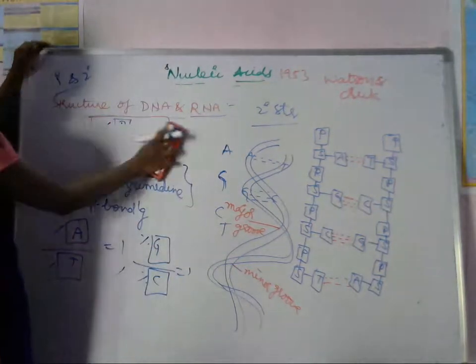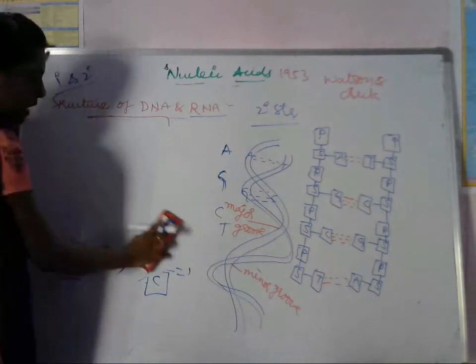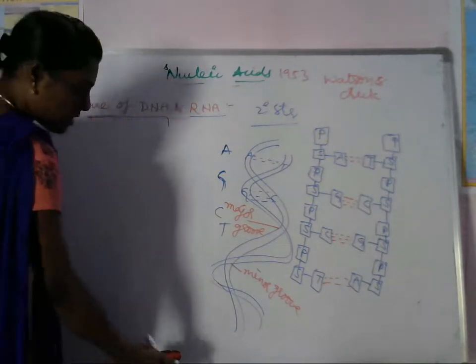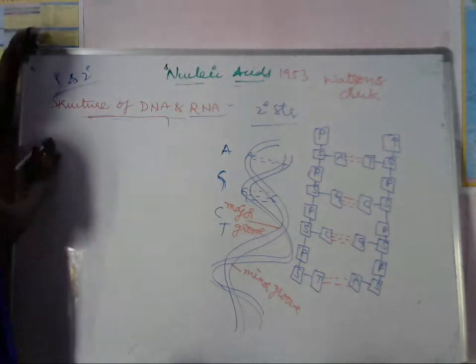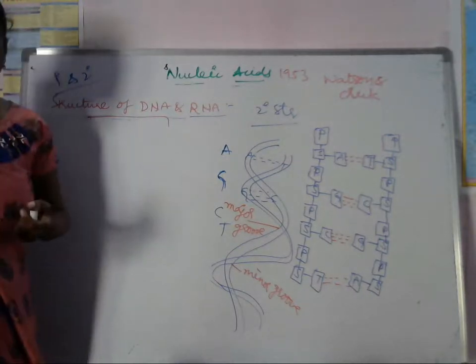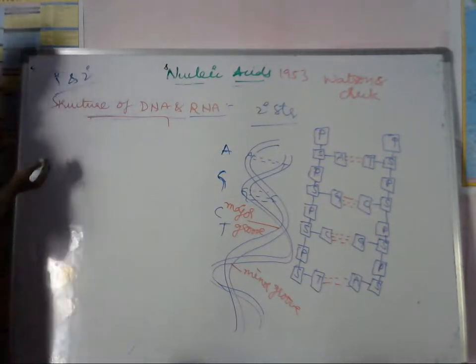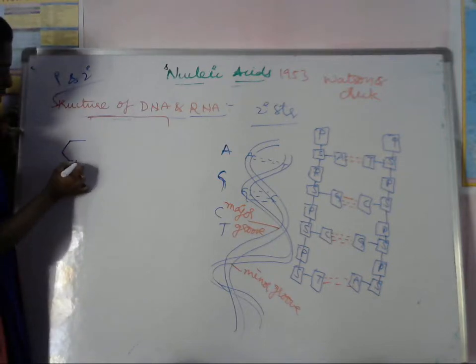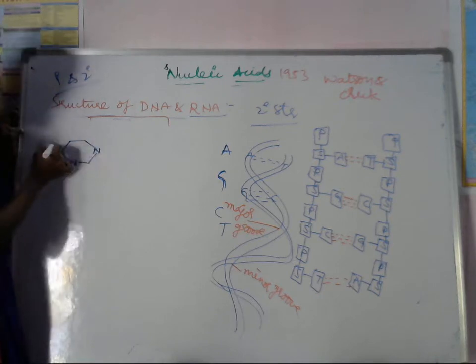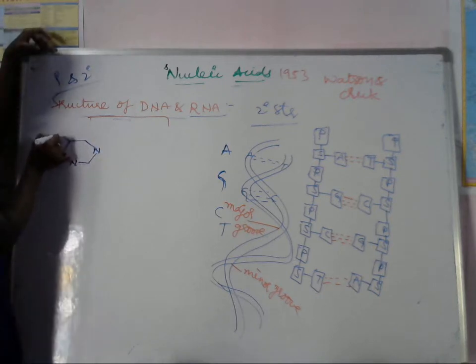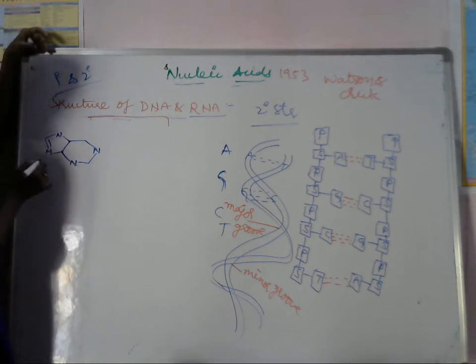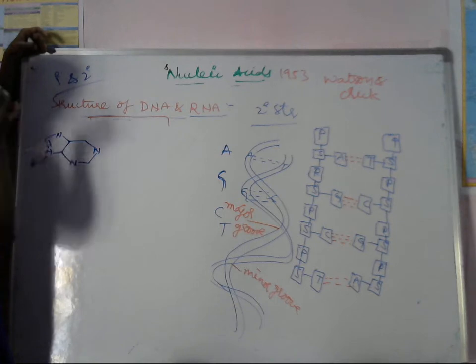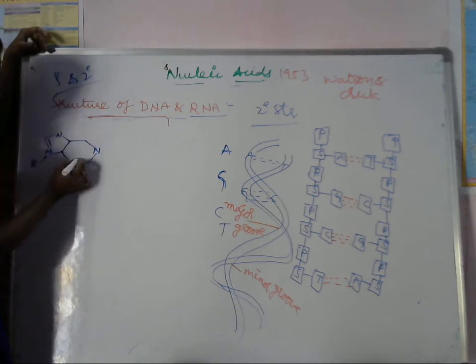Let's see how the bonding is present between A and T, and C and G, and how the hydrogen interactions are present. We have to take a pyrimidine, which we can write as R. We are taking this adenine compound.